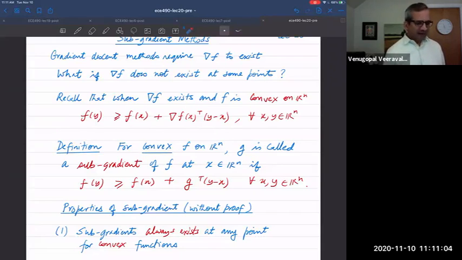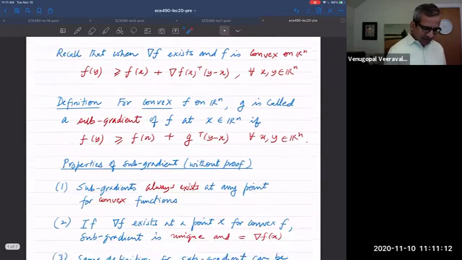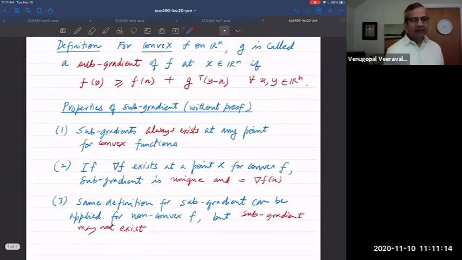If it doesn't hold even when the gradient exists, which is a special case of a subgradient, then the subgradient may not exist. So that's why we don't bother with defining subgradient for non-convex functions. Any questions so far about the definition?